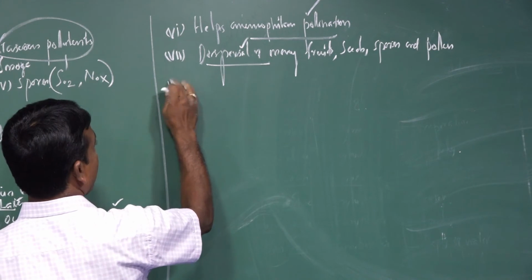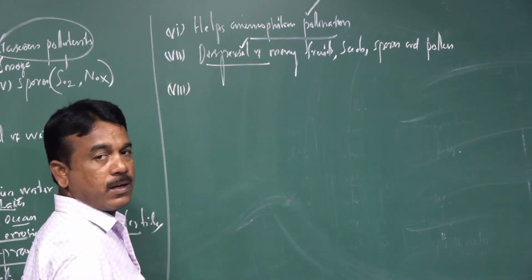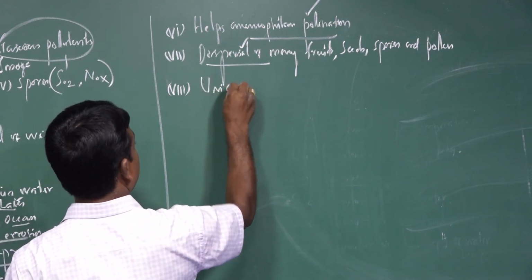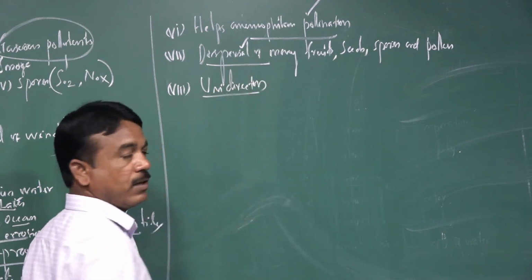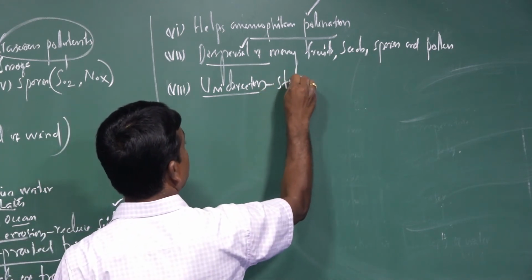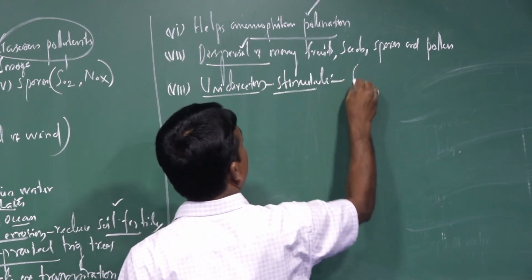The last one, the wind takes place unidirectionally. So unidirectional wind always stimulates the flag form of tree.